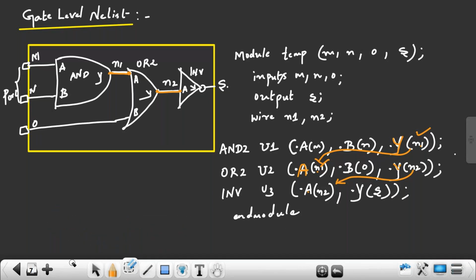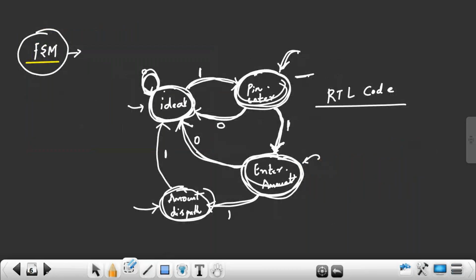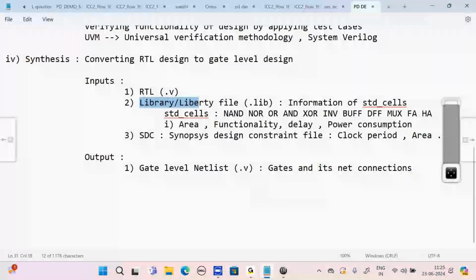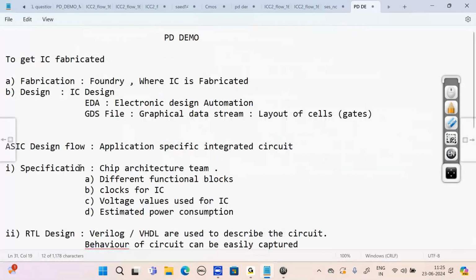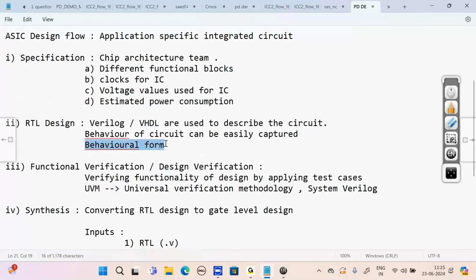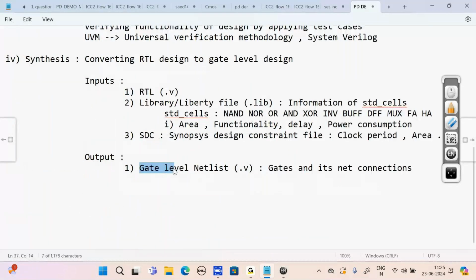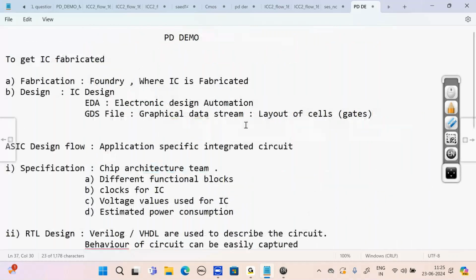Now we have come one step down from the behavioral form. We have jumped to what now? Gate level. Now my design is in the gate level, but it is not present at layout level. Can my foundry understand this gate level?